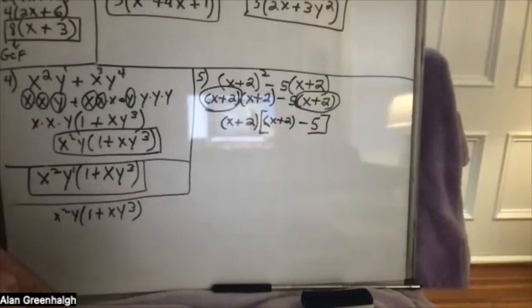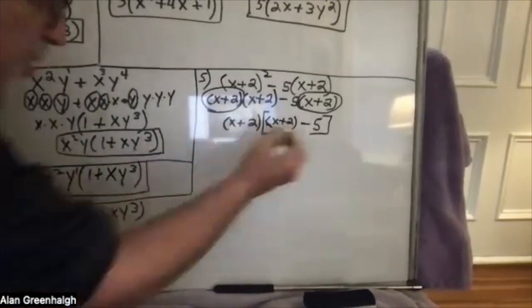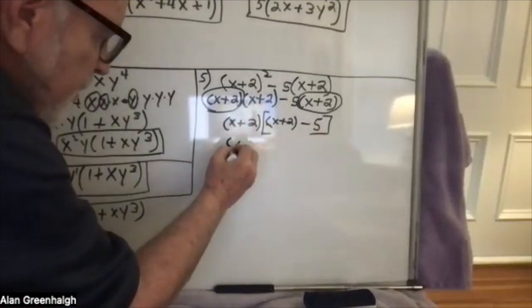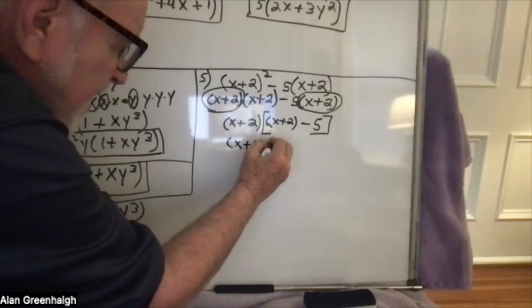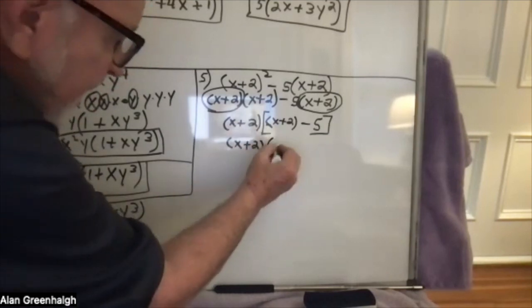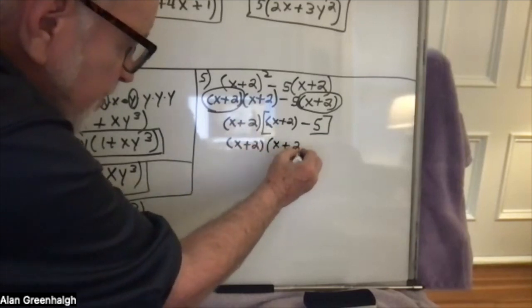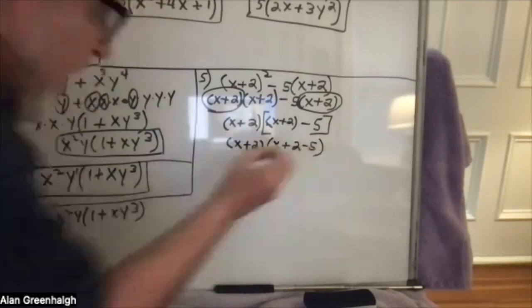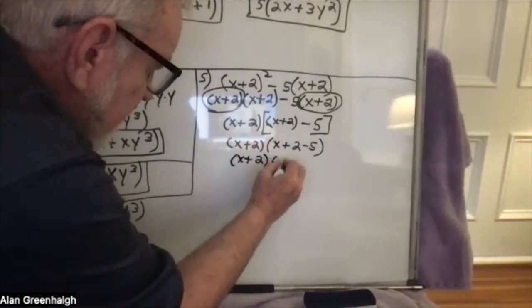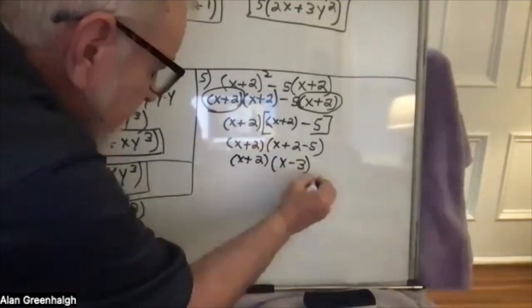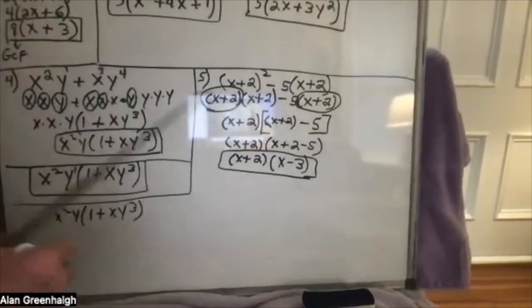But you want to simplify this even further, because here you can see you have stuff going on, and you can get rid of the brackets by simply going x plus 2 minus 5, x plus 2 times x minus 3. Okay, so this is the better way of doing it.